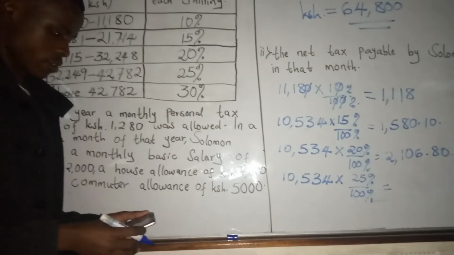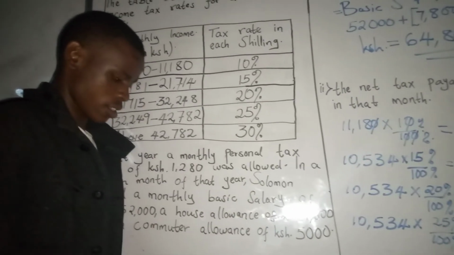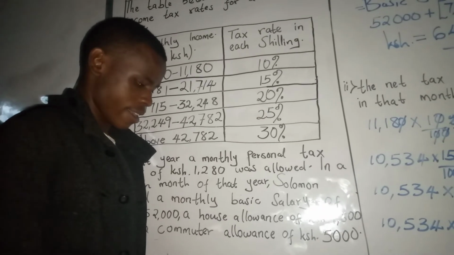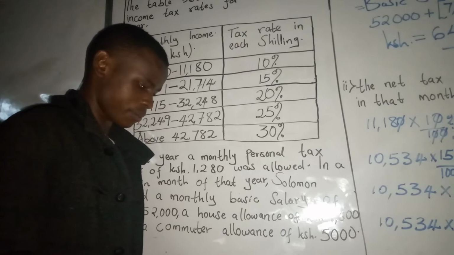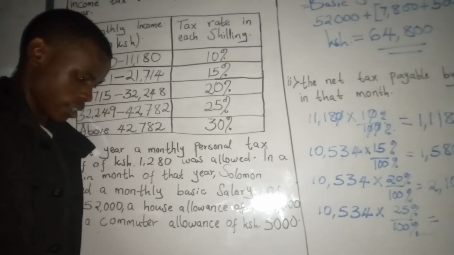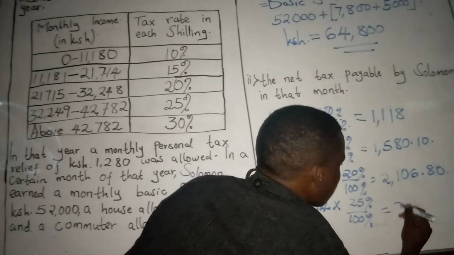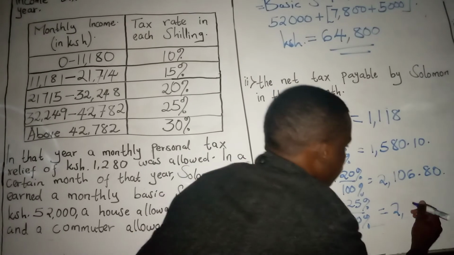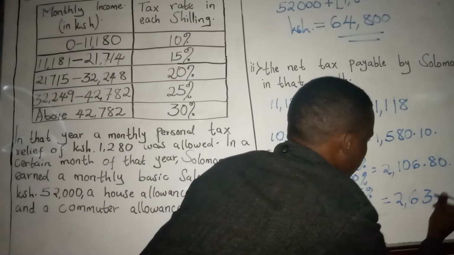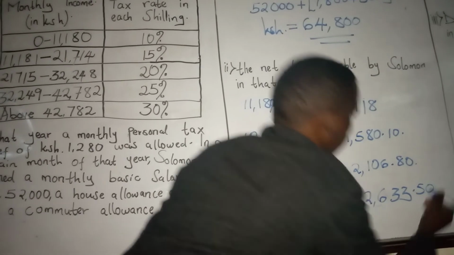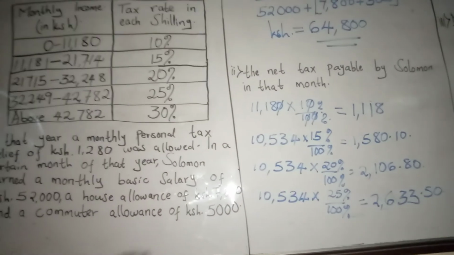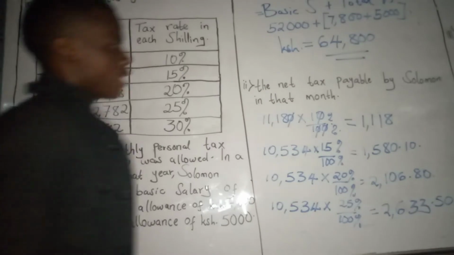So 10,534 multiplied by 25 divided by 100, that one is going to become 2,633.50.